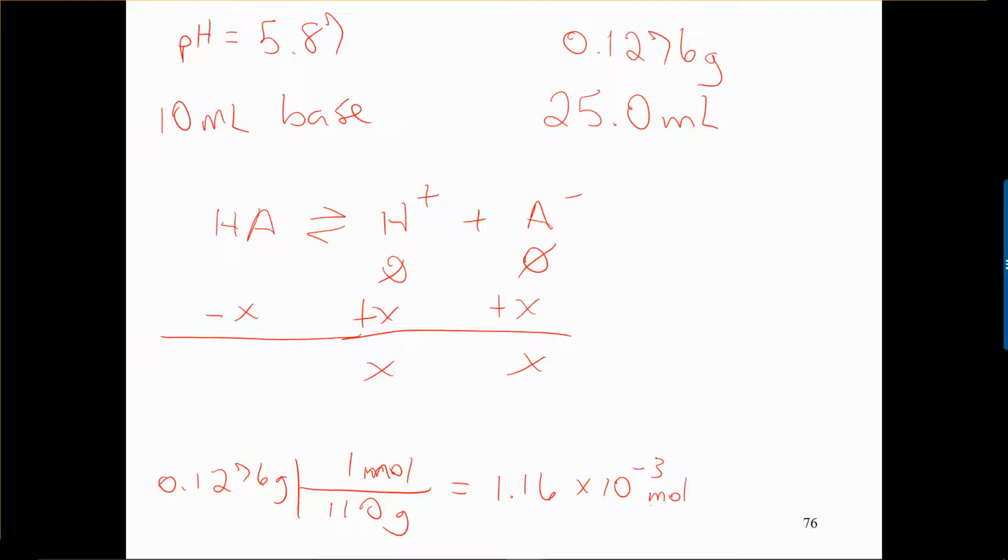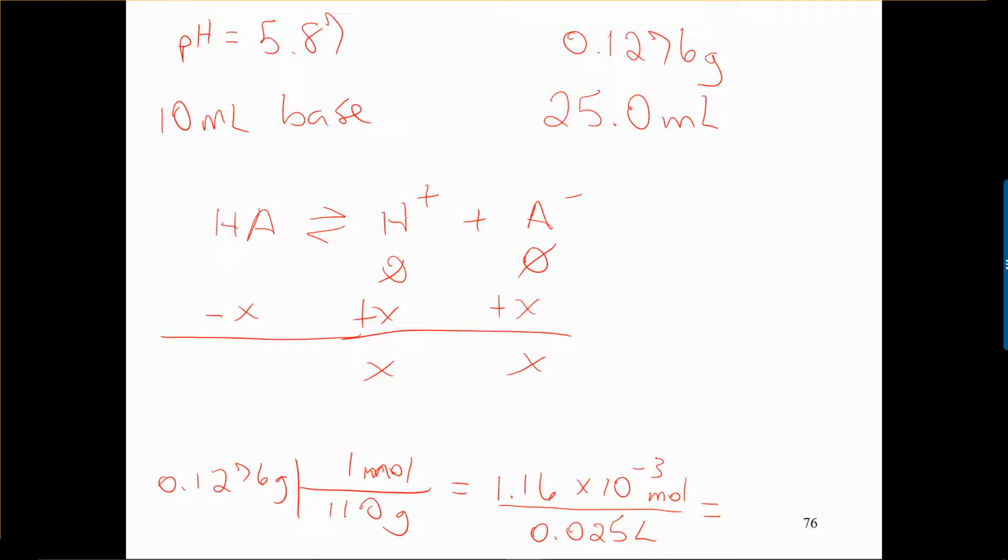Moles. And then how do I find molarity? Moles divided by 0.025 liters. Okay? The moles that we use here is the same as the moles of acid that we calculated before, right? Because we got 0.0011. Yes, it is. That's true. So we don't have to do that anymore? Not necessarily.